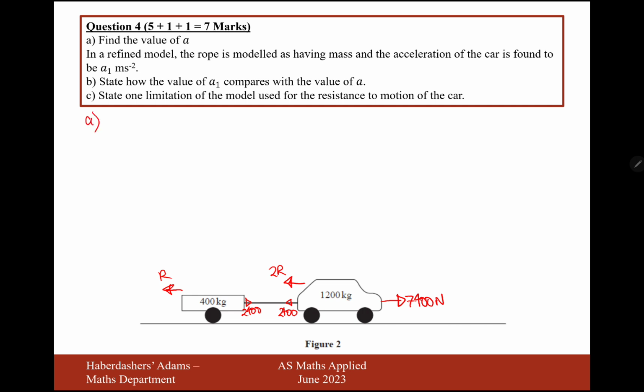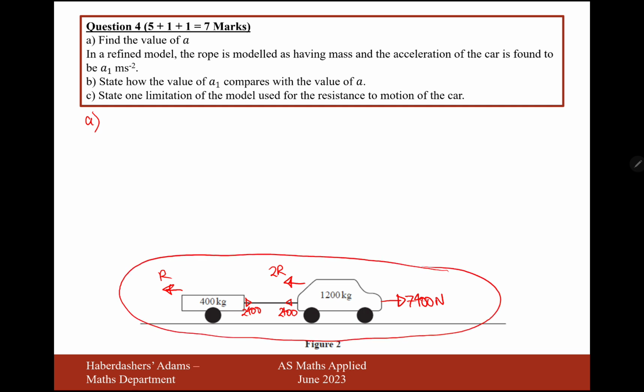So what we're going to do is take all of the forces involved in that model and do an F equals ma on it. I'll have the 7,400 driving it forwards. These 2,400s just cancel each other out.